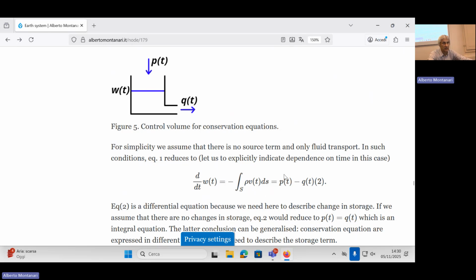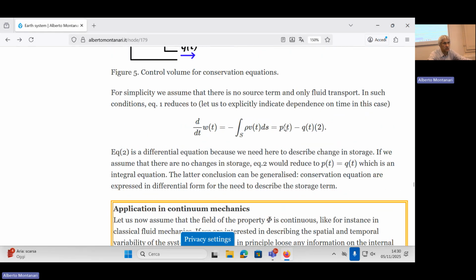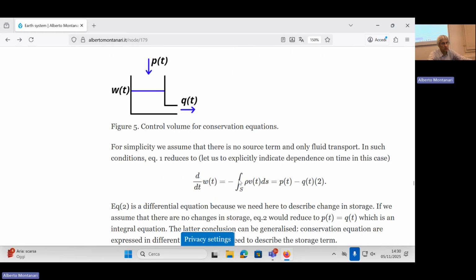You see it here, but under the assumption that there is no change in storage. So there was an intermediate step here, which I drew over the blackboard, and is not here.